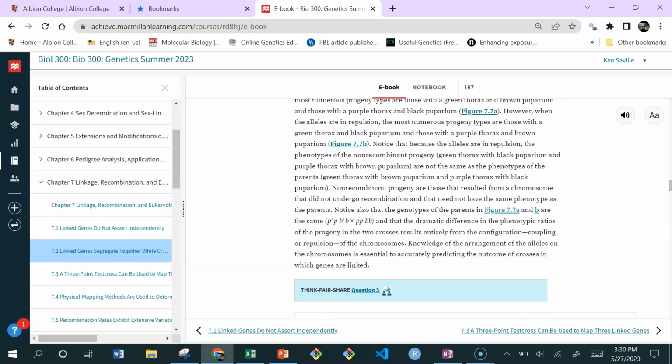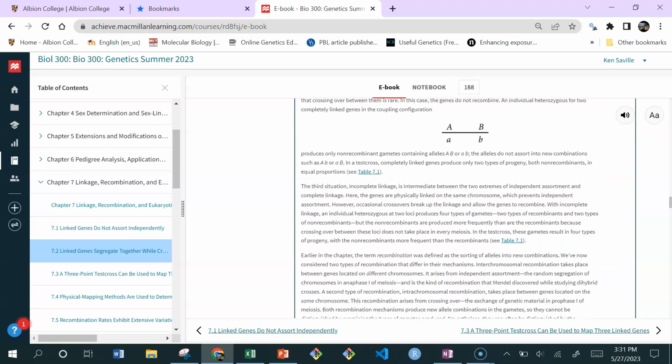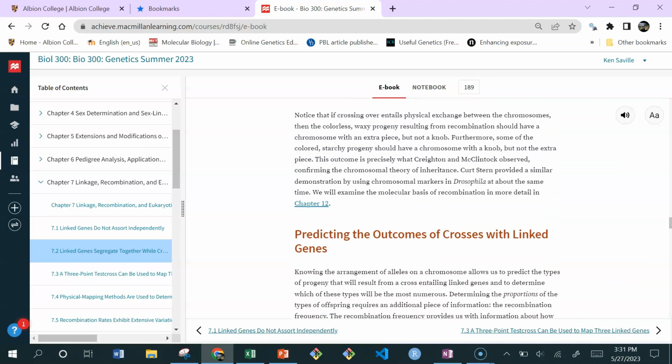There's all kinds of stuff in this book.